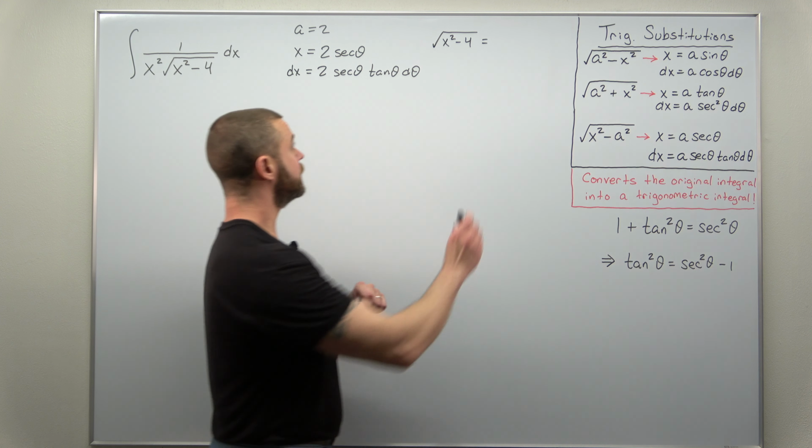So square both the 2 and secant theta, you'll get 4 secant squared theta minus 4. Inside the square root, you can factor out from both terms a common factor of 4. We'll write that as the square root of 4 times secant squared theta minus 1.